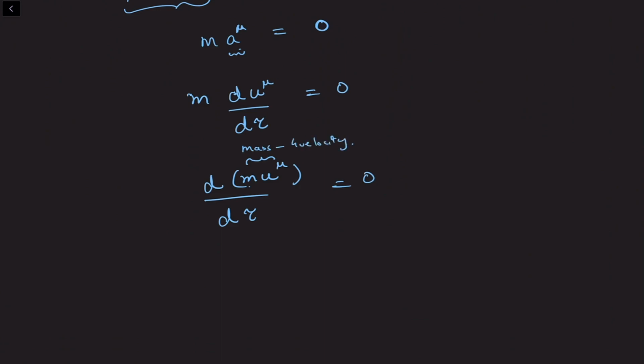And this is a natural candidate for what we would call four-momentum. So just like we define three-momentum as mass times three-velocity, we define four-momentum as rest mass times four-velocity. So this is what we call four-momentum.